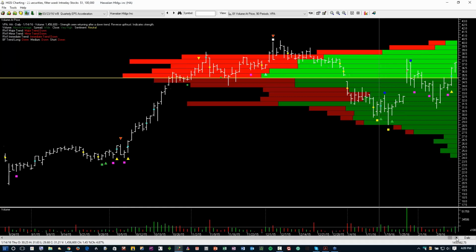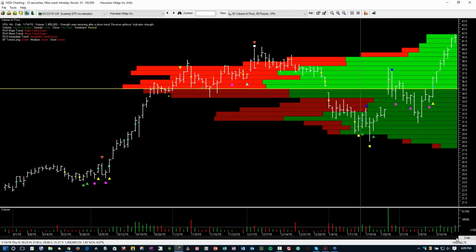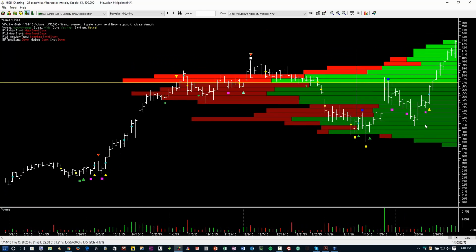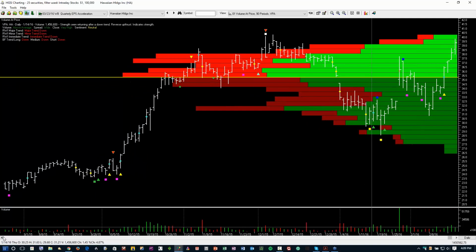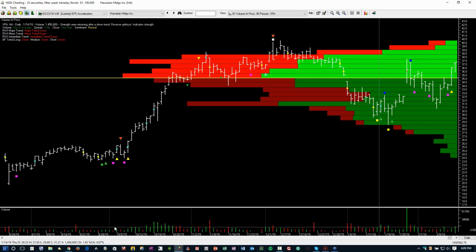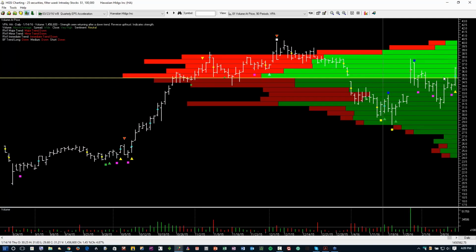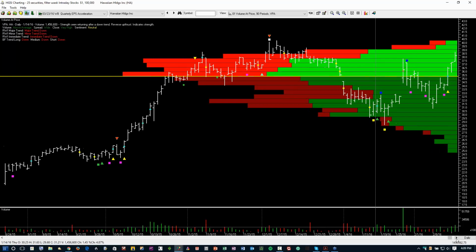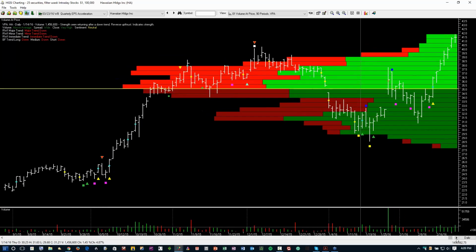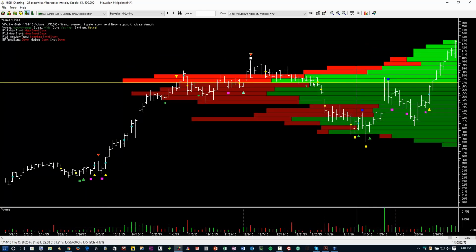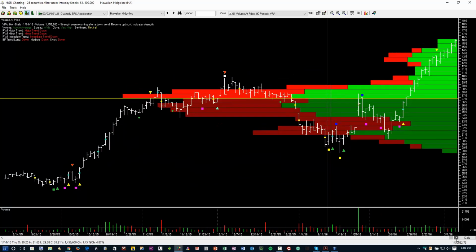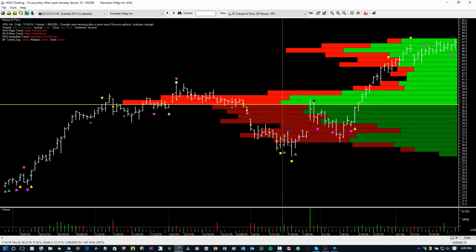So now it is blowing past the new volume point of control right here. On that day, this is what it looked like. And we can certainly see the volume point of control shift. And notice that as this goes up, of course, the buckets are dominated by green buckets because of the strength of the rally.